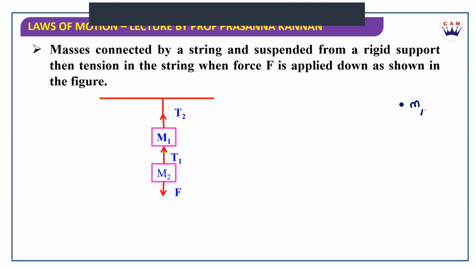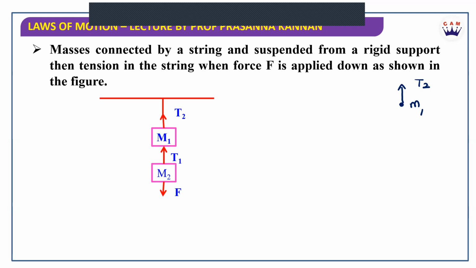There is a tension in the upward direction, which is T2. There is a tension in the downward direction, which is T1. Sir, should T1 be upwards or downwards? For M2, it is upwards. For M1, it is downwards.